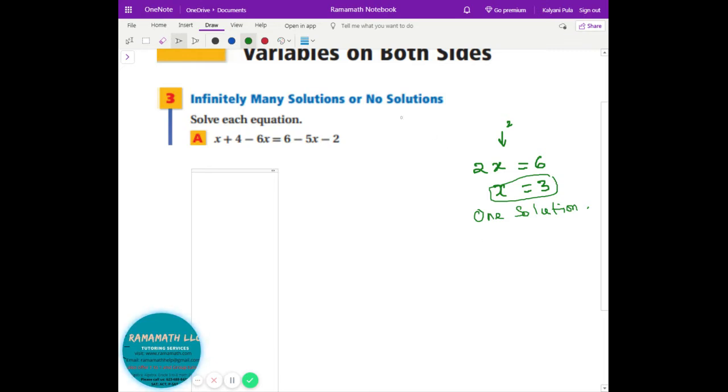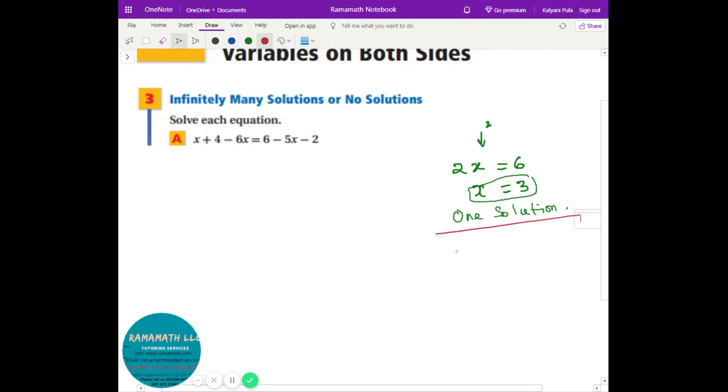But if I take another equation like this, let's say 2x plus 3 equals 2x. Tell me a number that is going to make these equal.